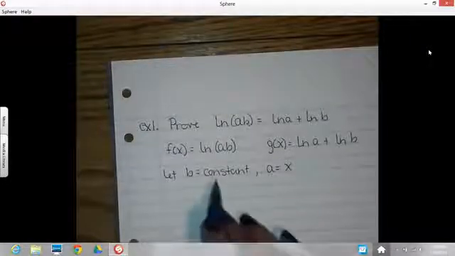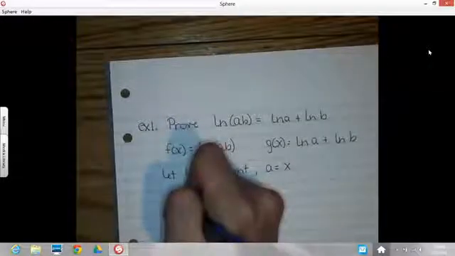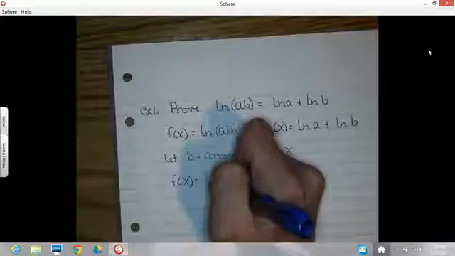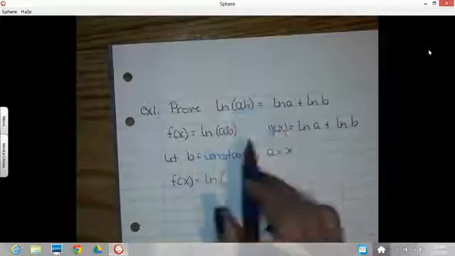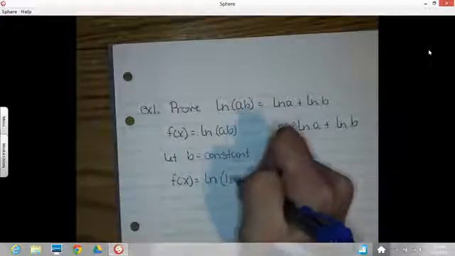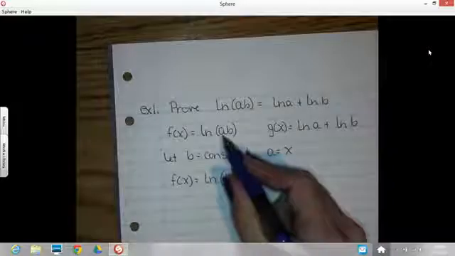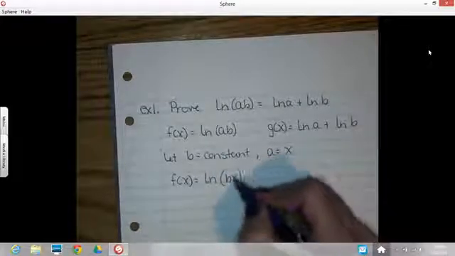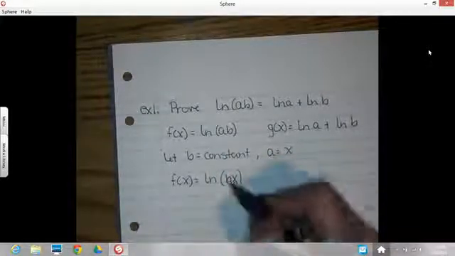So now we're going to rewrite. Function f would be the natural log of b is the number, a is an x. We usually write the number first, so that gets rewritten bx. Because a got replaced with an x, b is a constant. We usually write like the 2x or the 3x or the 4x, the numbers in front.